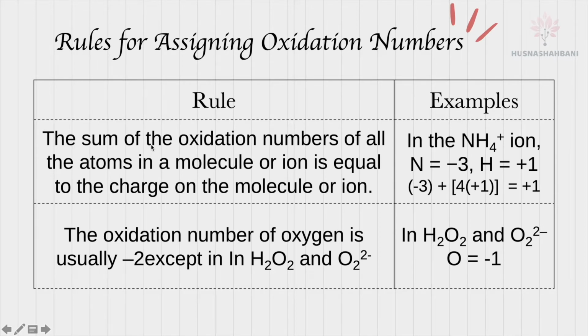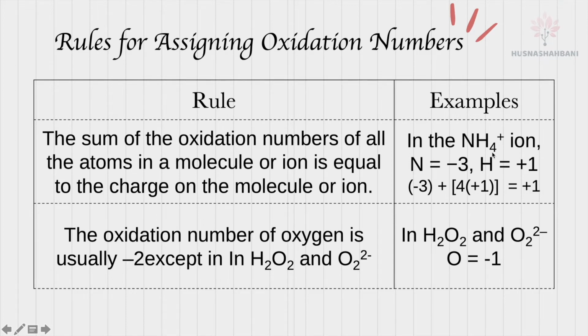Next, the sum of the oxidation numbers of all the atoms in a molecule or ion is equal to the charge on the molecule or ion. In the NH4 plus ion, the whole charge for NH4 is positive 1.